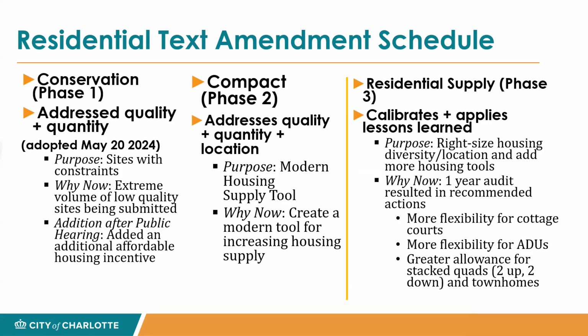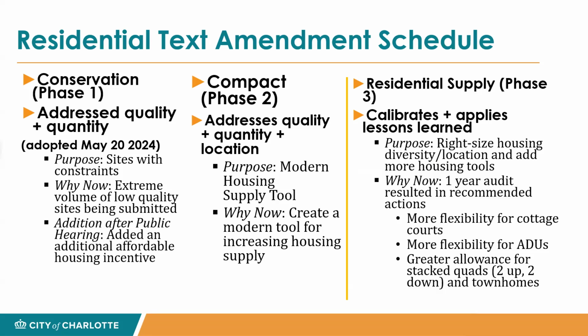Just to talk through the schedule a little bit, conservation was just adopted May 20th. Compact is what we're working on now and will keep talking about. You'll hear me refer to phase 3, the residential supply phase, which we will be working on over the summer through UAC meetings and into the fall, and which will include potentials.